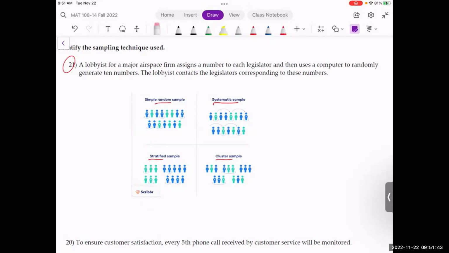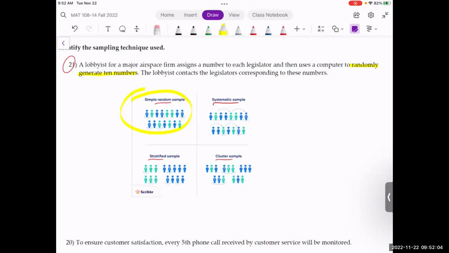Now what we got here is the words randomly select or generate the numbers, right? Because they are using random selection, the first choice is going to be a random selection, okay?